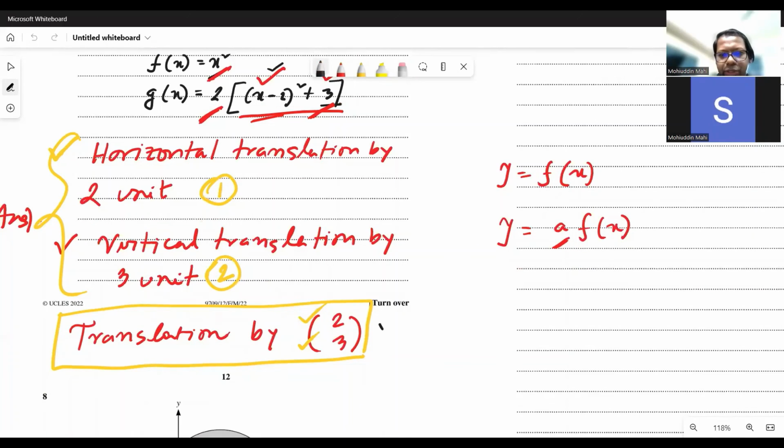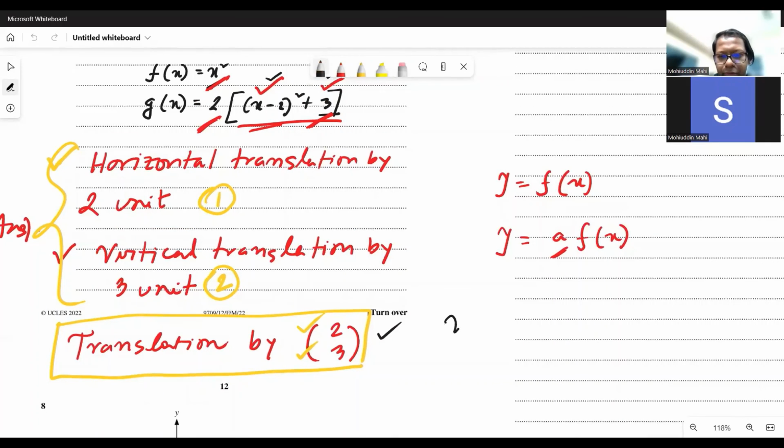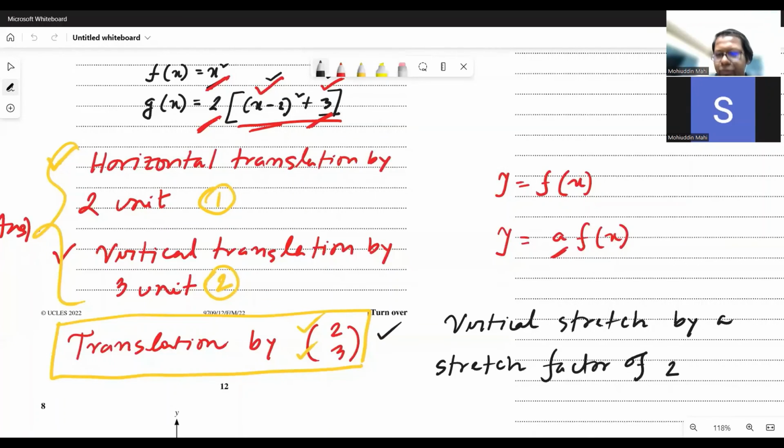So the first is the translation, then you will write down vertical stretch by a stretch factor of 2.